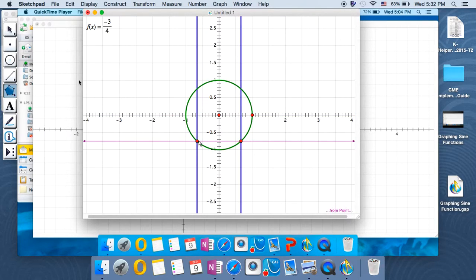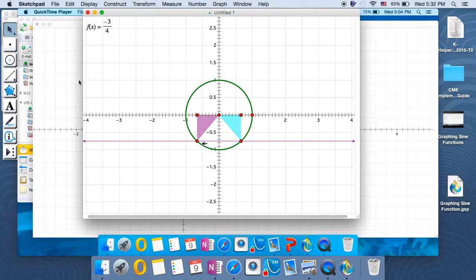And so that you can see two triangles, two special triangles, which is half of the triangles. So now let me just hide this one.